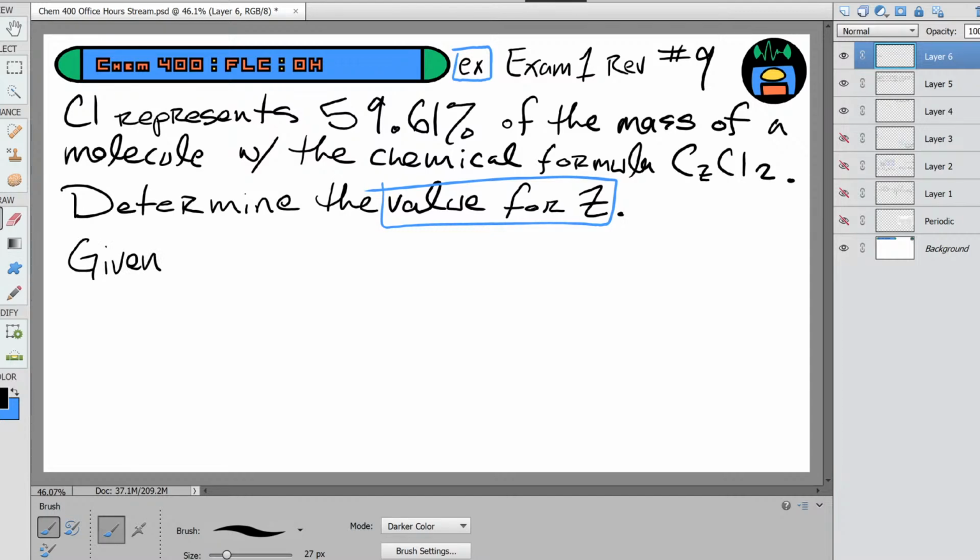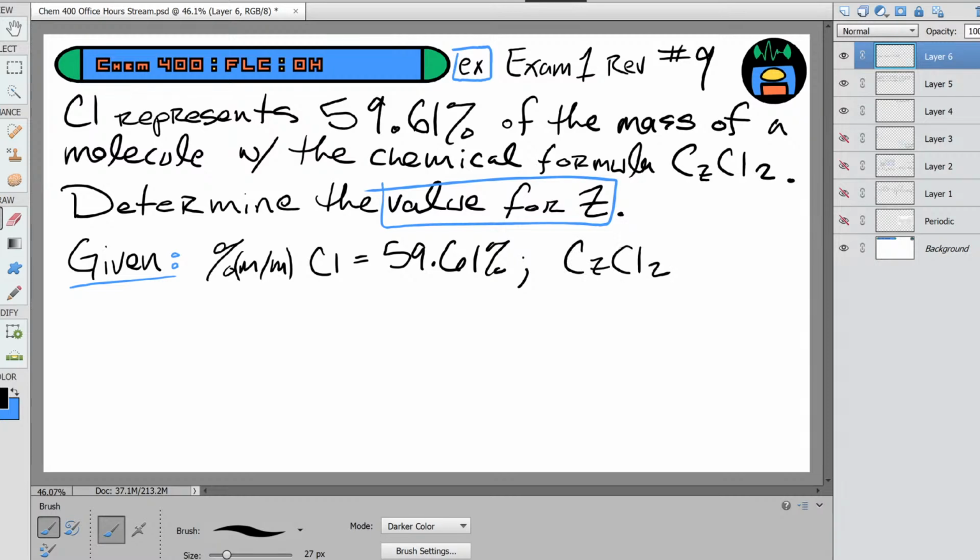We're given the percent mass of chlorine in this molecule, 59.61%, and we're given part of the chemical formula. We know that there are 2 chlorines in it. We don't know how many carbons.